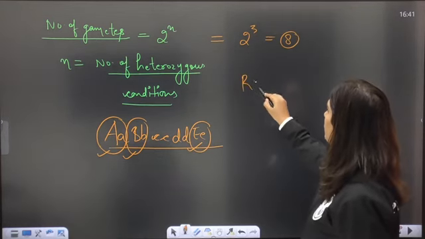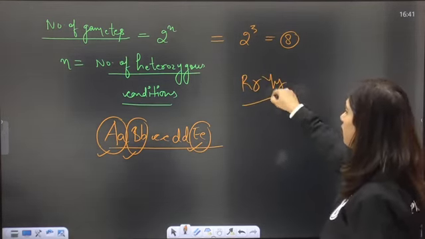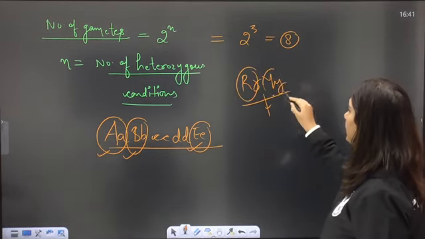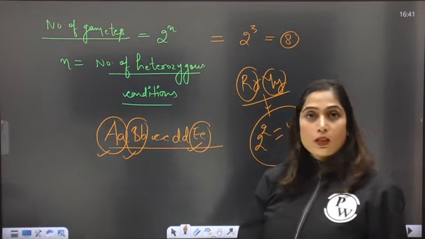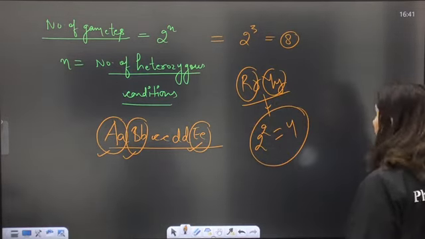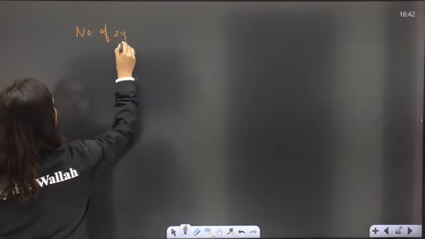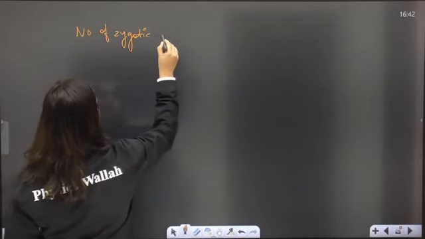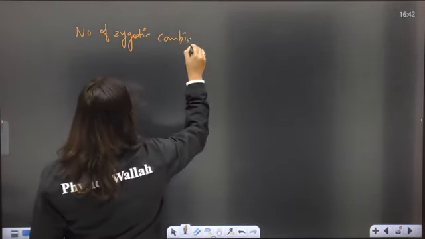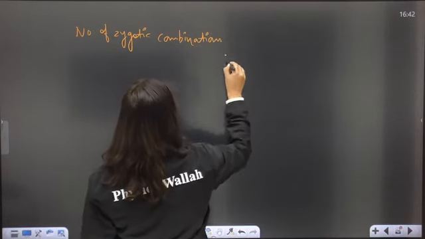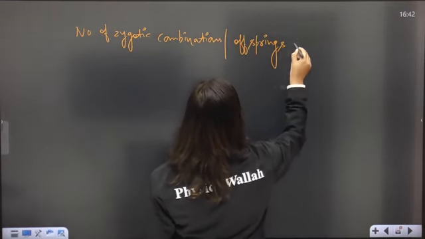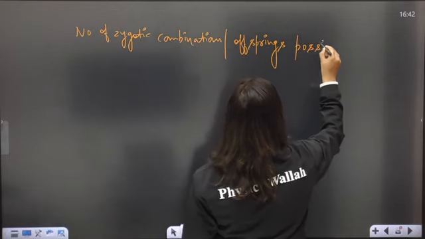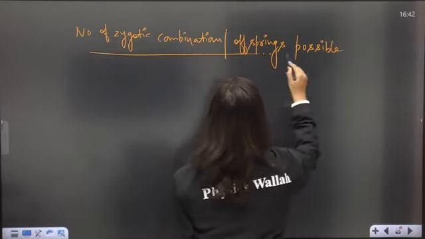Now, suppose it is given, how many gametes would be formed by this individual? How many heterozygous conditions? 2. So 2 raised to the power 2 comes out to be 4. Then if you have to find out the number of zygotic combinations or offspring possible, how will you calculate?